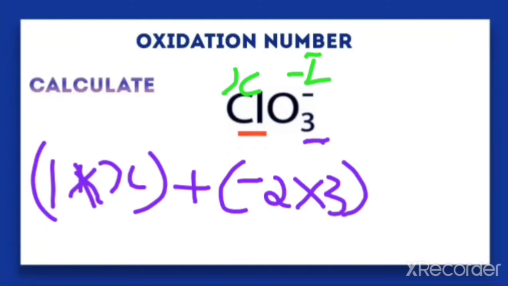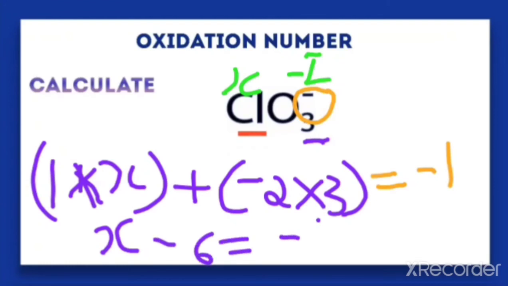And what about the overall charge? As there is one negative charge, the overall charge is -1, so we take it as equal to -1. When we solve this, x minus 6 is equal to -1.